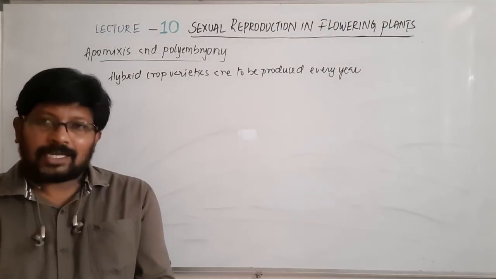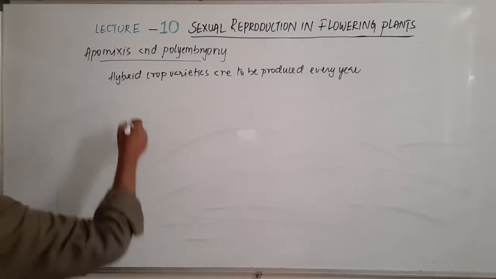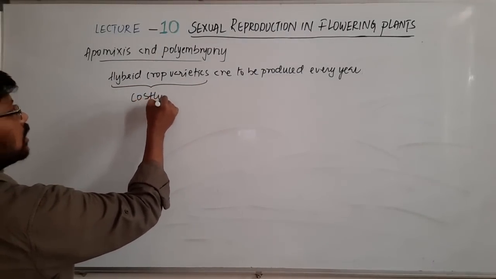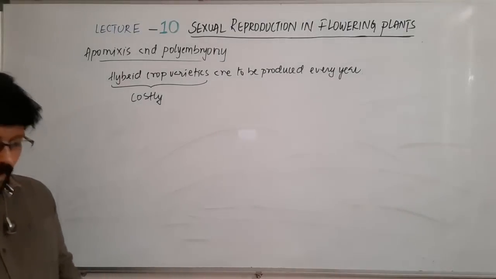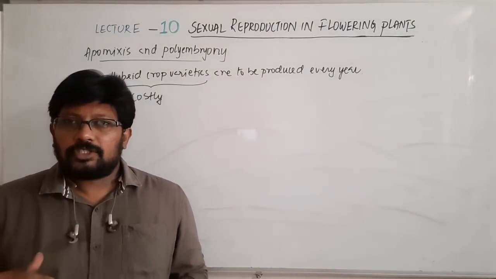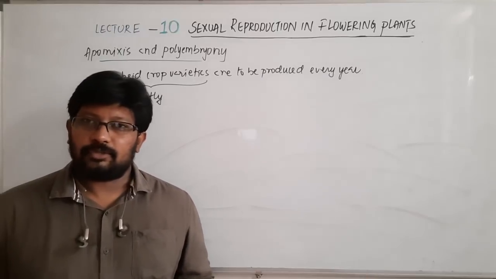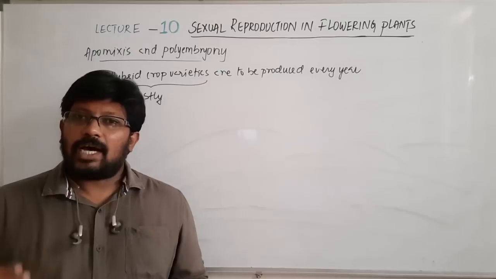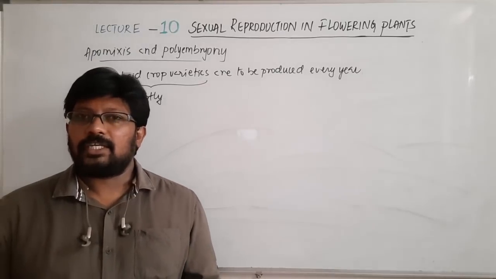These hybrid crop varieties are costly, so the farmers have to pay huge sums to purchase these seeds. The question is, what is the use, and why are they so costly? Because they are going to give you a very good yield.